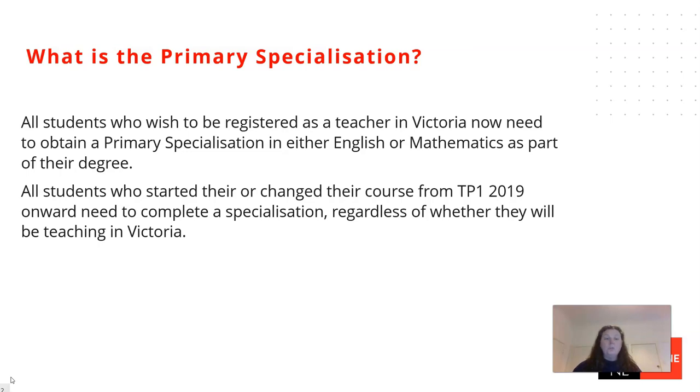So all students need to complete a specialisation. The only exception would be if you started or changed your course before TP1 2019. So if you began any time before TP1 2019, you don't need to do a primary specialisation. However, you can choose to do the primary specialisation if you wish to.